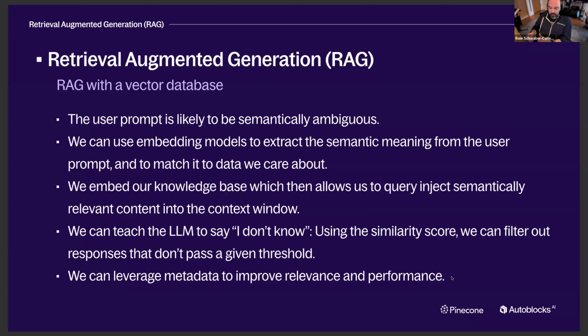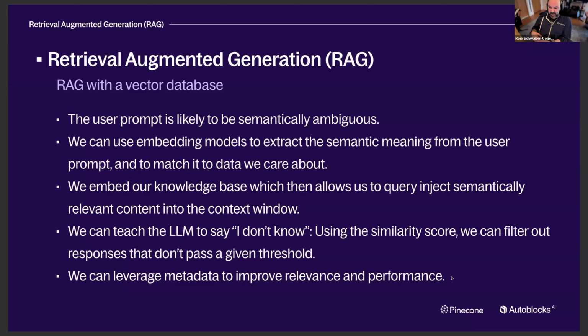So in order to bridge that gap and ensure that we understand what the user means to get from our RAG application, we use embedding models to extract the semantic meaning of the user's prompt. We take our knowledge base as well, we embed it and save it in the vector database. And then we retrieve the relevant semantic information based on the user's query, and then we inject it into the context window.